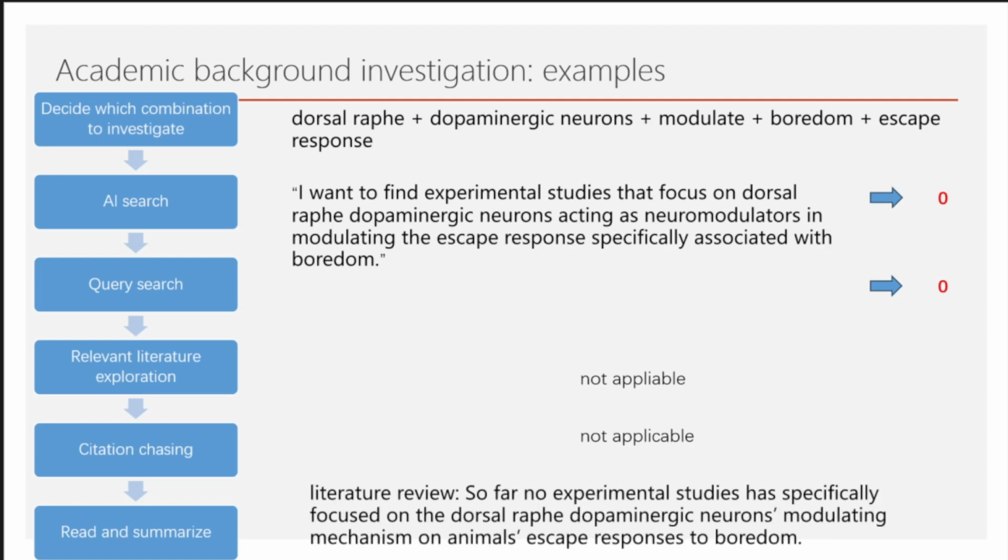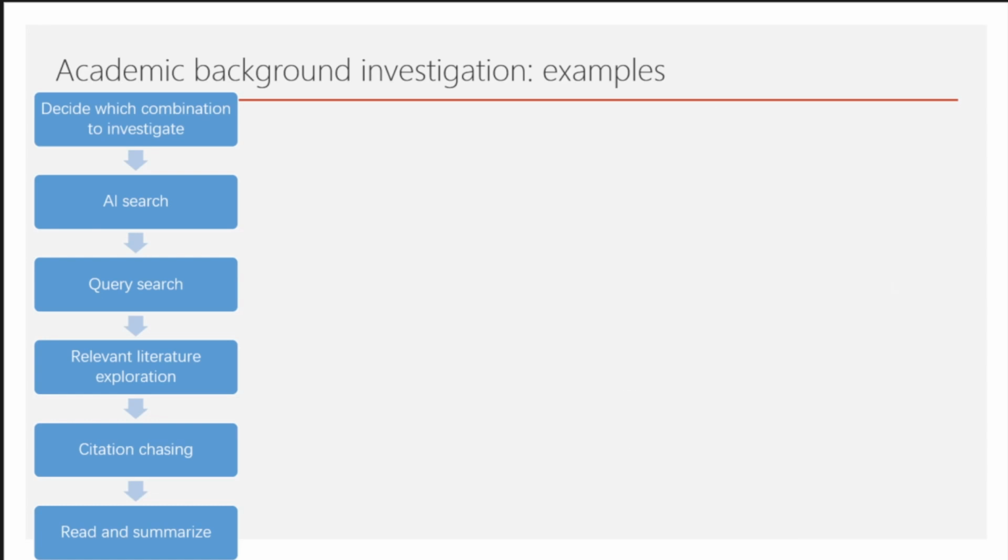So far, no experimental studies have specifically focused on the dorsal raphe dopaminergic neurons' modulating mechanism on animals' escape response to boredom. The next combination I chose to investigate is this, which dropped "modulate". This means I not only care about dopamine as a neuromodulator, but also as a neurotransmitter.